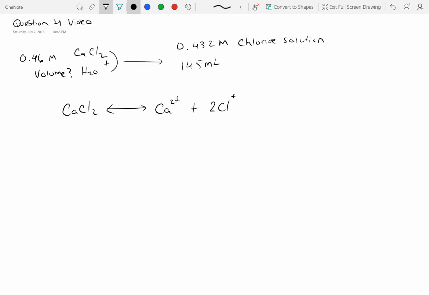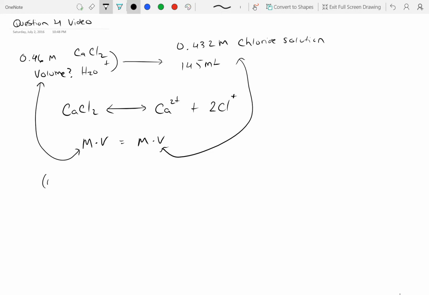And the last thing you have to know is a simple equation. I don't know if there's a formal name for it, but it's basically saying that the molarity of a solution times the volume of a solution is equal to the molarity of another solution times the volume of that solution.